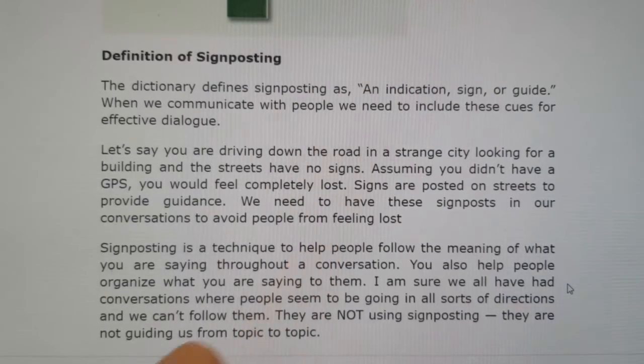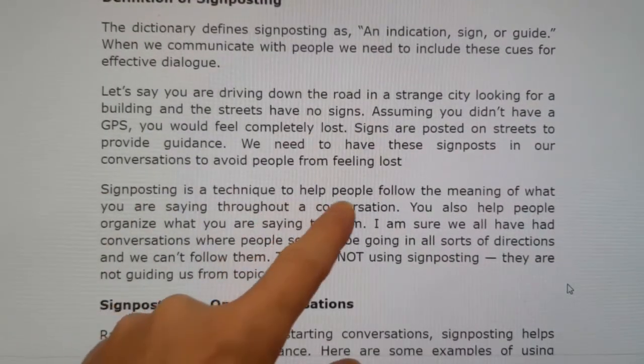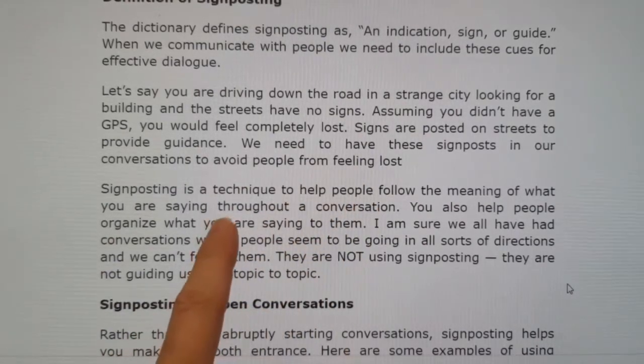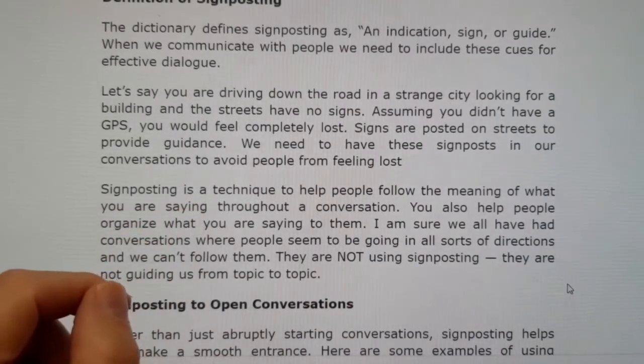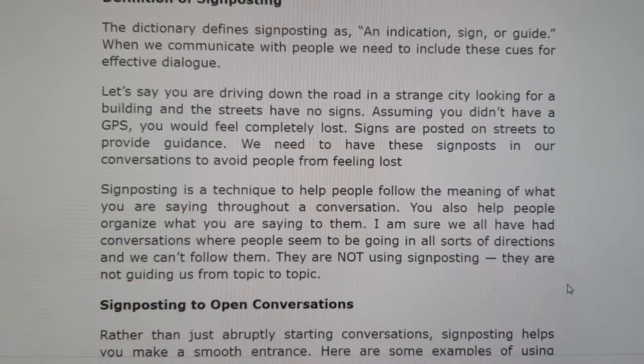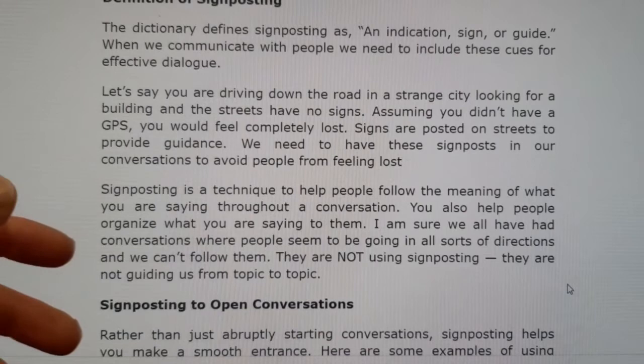So it's much like in our presentation. We need to guide people. It's a technique to help people follow the meaning of what you are saying throughout a conversation. So your presentation is effectively a conversation between yourself and an audience.